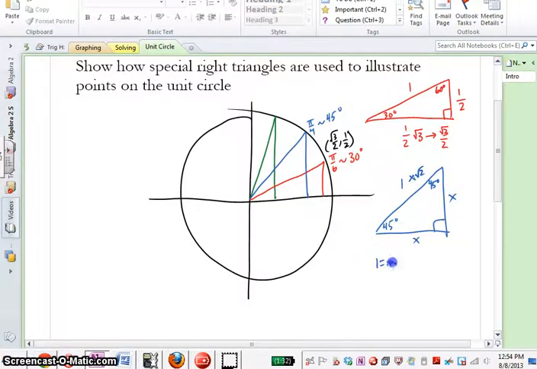So if 1 is equal to x square root 2, that means that x is equal to 1 over square root of 2, which we can rationalize to square root of 2 over 2. And that is why it has the coordinates square root of 2 over 2 for x and square root of 2 over 2 for y.